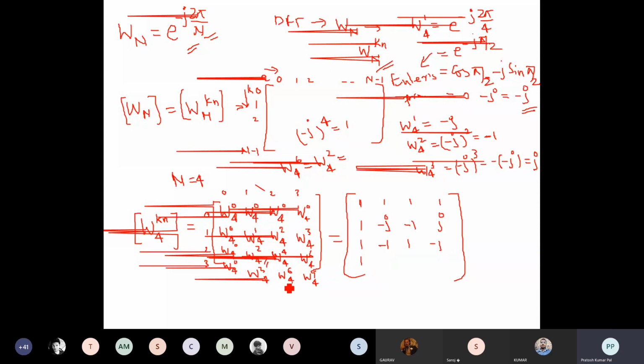And again this value W4 to the power 3 we have already calculated, this is plus j, and W4 to the power 6 it will be -1. W4 to the power 9 will be equal to W4 to the power 1, इसके बराबर होगा ये, ठीक है. So W4 to the power 1 is minus j, the last term will be minus j. ठीक है, ये समझ में आया.